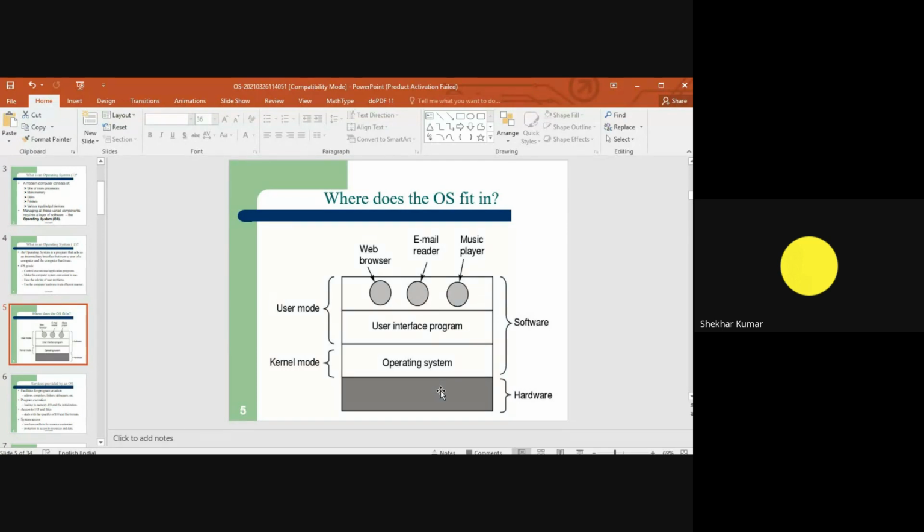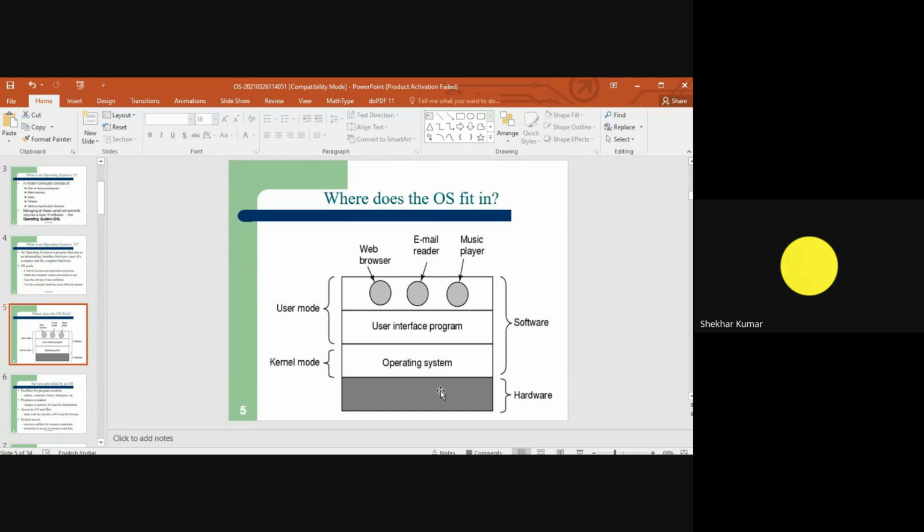one more operating system came into existence, that is your multitasking operating systems. In the multitasking operating system, as the name suggests, more than one task can be executed simultaneously. At a time, you can execute more than one task, multitask.